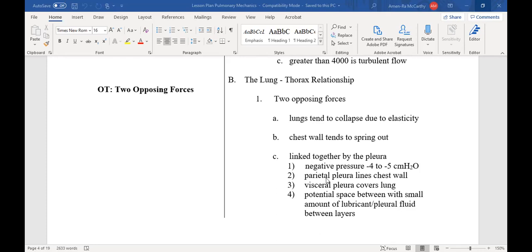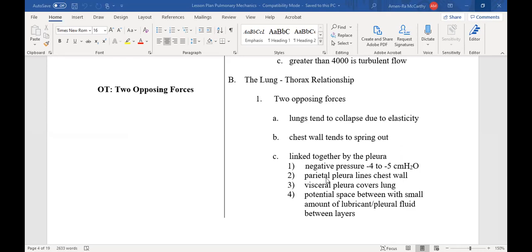It's a negative force, all right? And that force will become more negative than the outside or ambient air, which will automatically make air come in, okay? So the two opposing forces are the lungs tend to collapse due to elasticity, right? After you inhale and let go, they want to collapse, right? Because they're elastic. But because the chest wall and the interpleural pressure are equal, that keeps the lungs open.